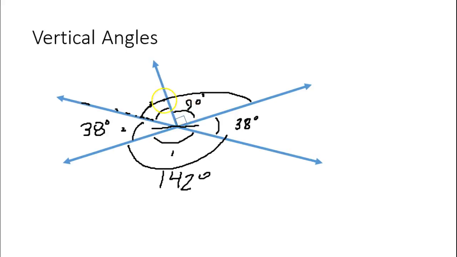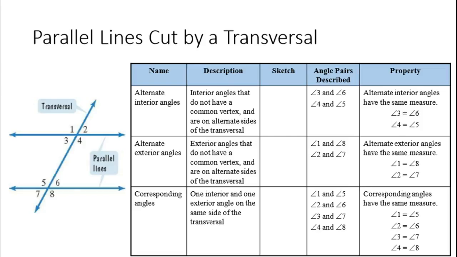But I've got a right angle in there. So this angle 3 right here will be 142 minus 90, because I've got to take that right angle out of it. So it will be 52 degrees. All right, not too bad. That's about the worst kind of those that you will see.